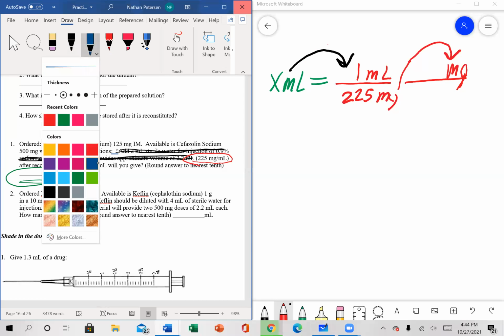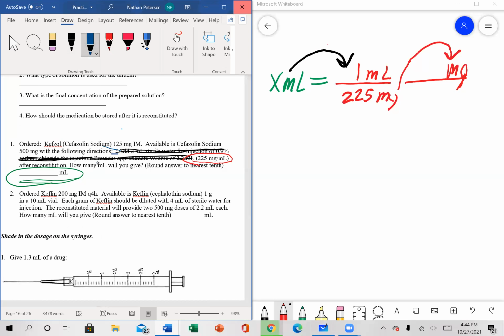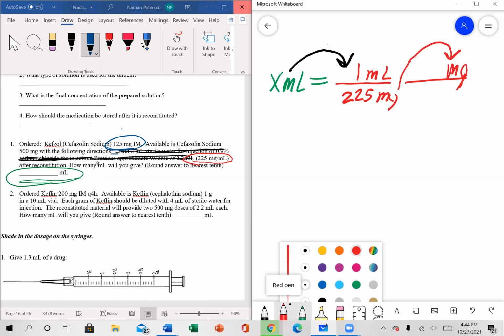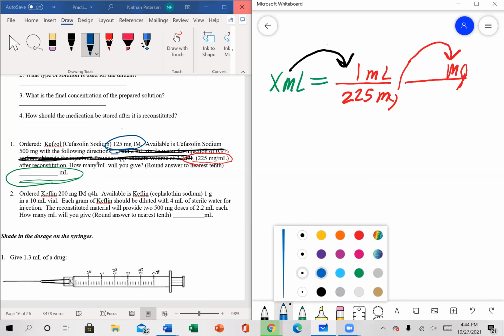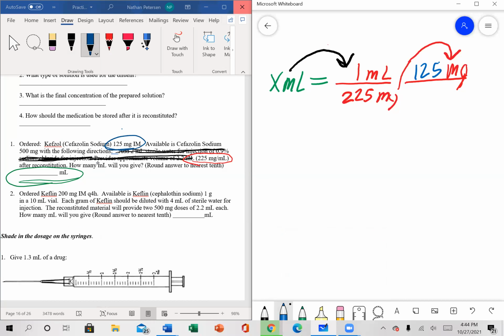We'll go blue here. This is the next number that we need, our 125 milligrams over 1. And that's it. We're done, or we should be.